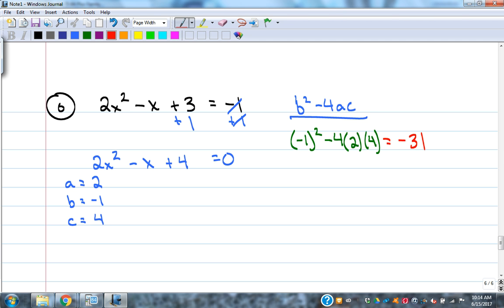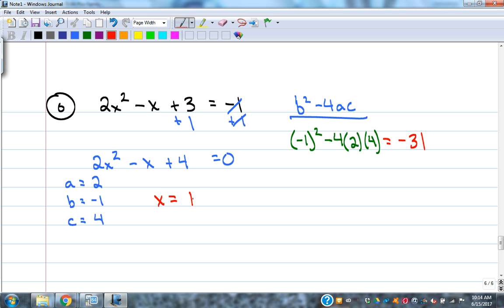It's a negative number. So that means that I'm going to have two complex solutions. Means I'm going to have i's in the answer. That's all that means. Okay. Right now, that's all it means. When we get to graphing, it means it also is not going to cross the x-axis, but we'll talk about that then. Okay.